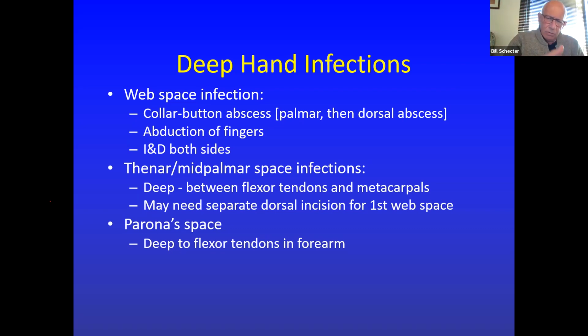She ended up with a big scar on her arm, but fortunately we were able to save her extremity. But it was not fun. So very, very occasionally you can get infections tracking up these bursa.